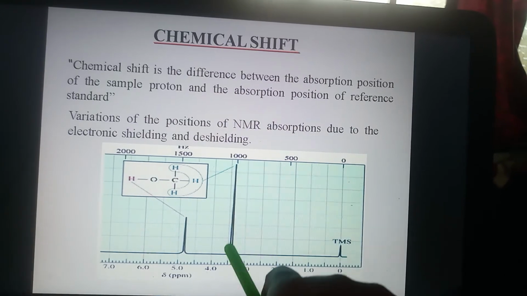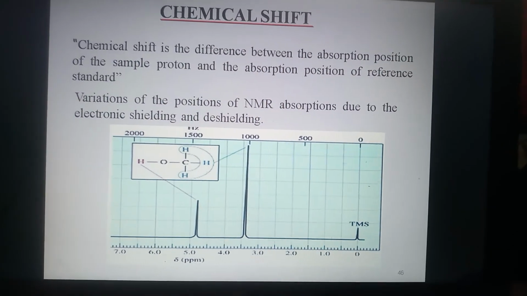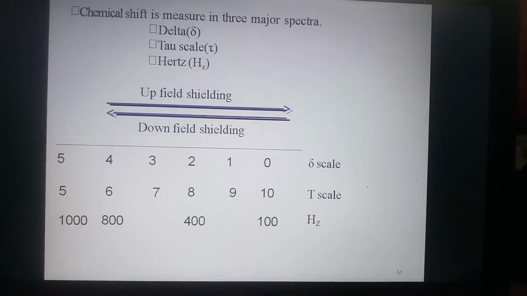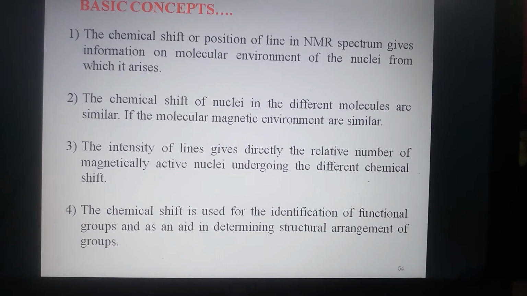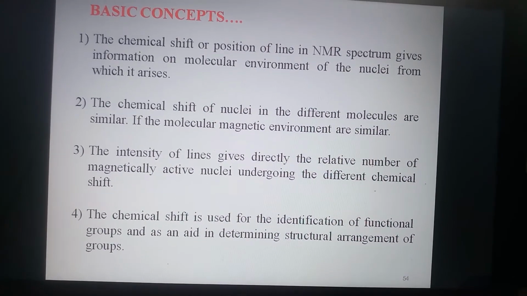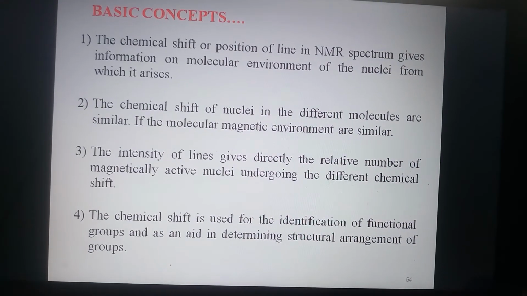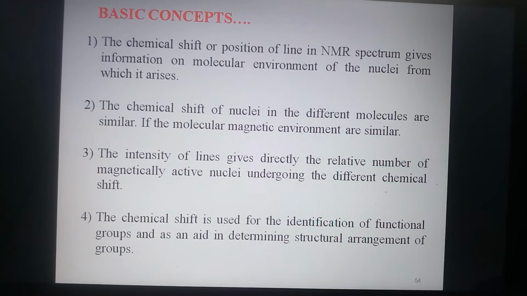So the intensity of the line will indicate the number of protons. The chemical shift is used for the identification of functional groups and as an aid in determining the structural arrangement of groups.